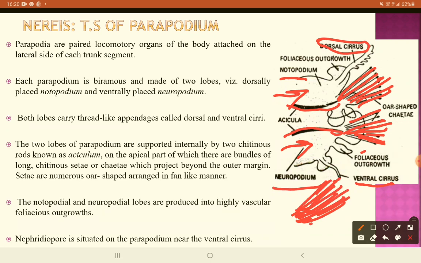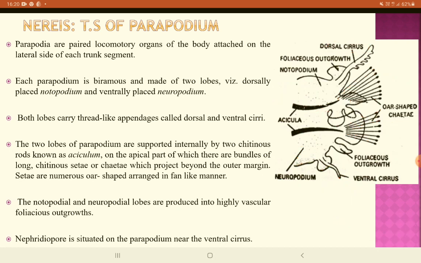Now this kind of setae is what is called oar-shaped setae. And these setae are numerous, many in number, oar-shaped and arranged in a fan-like manner, and because of this the sexual region, or the epitoke, becomes fan or flared up kind of parapodia, we said, isn't it? So because of this you find that change.